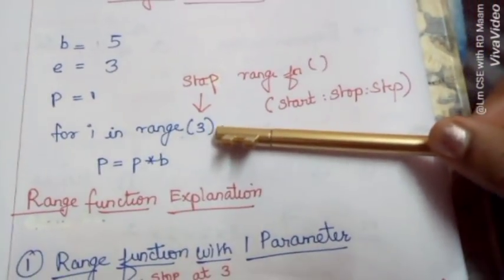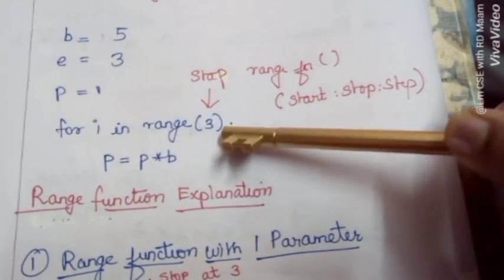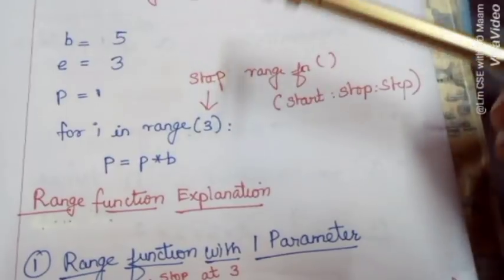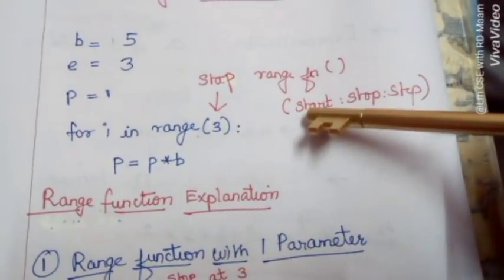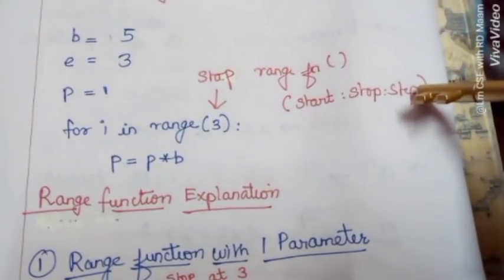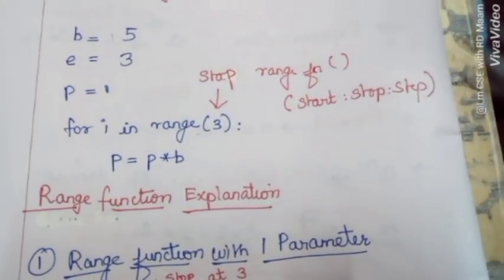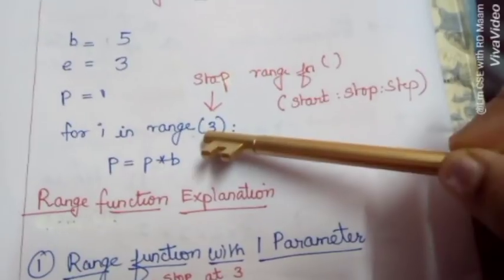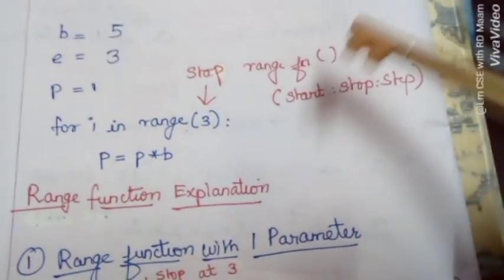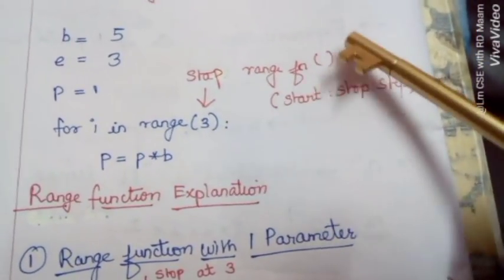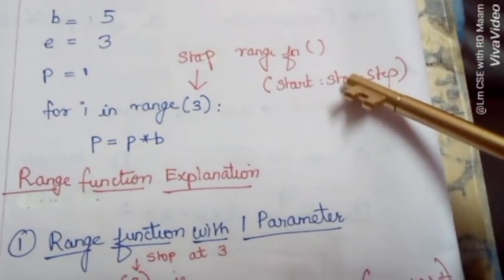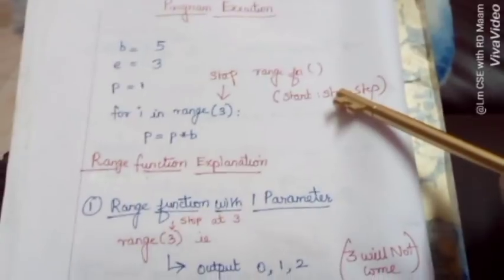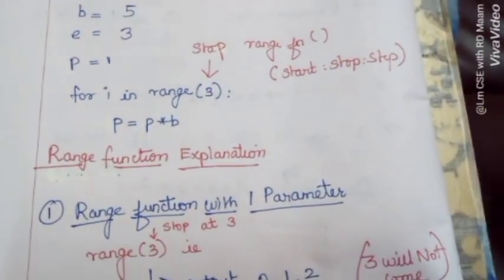Here I need to explain the range function for you. The range function is used in a for loop, and this range function will have three different meanings depending on which values are present. If only one value is given, it is the stop value. Range function with one parameter represents the stop value. So what does it mean?